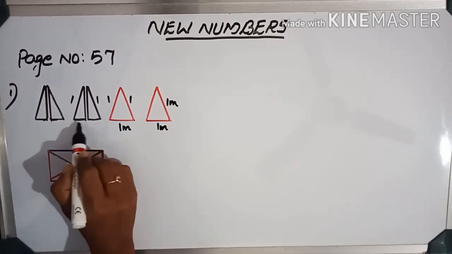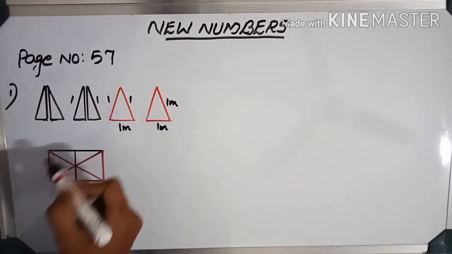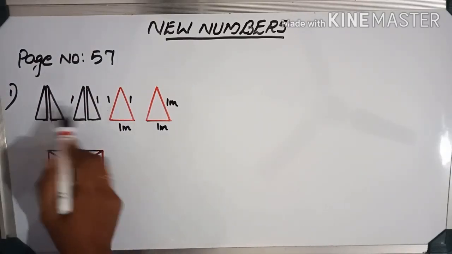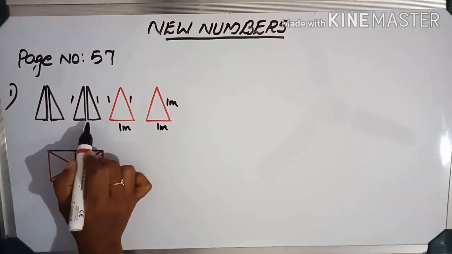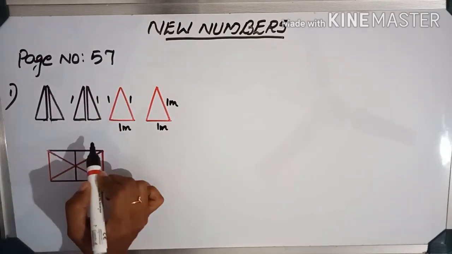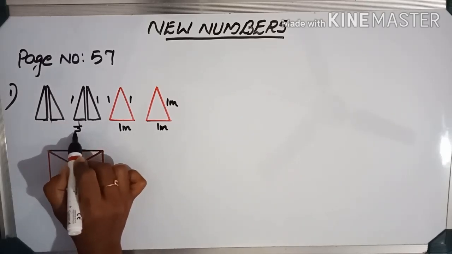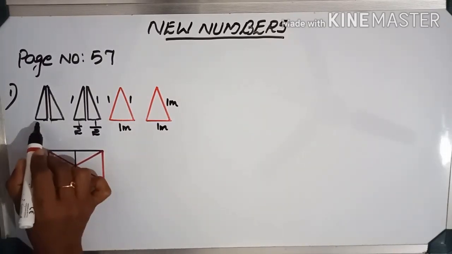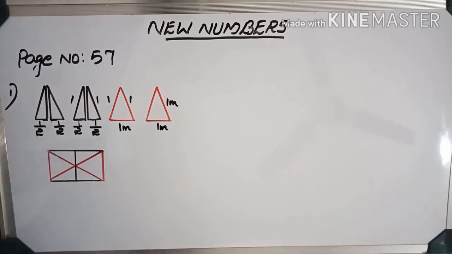Here the first two equilateral triangles are divided vertically into two equal halves. When you divide it into equal halves, the base will also be divided equally. So total 1 meter means this will be half meter, this will also be half meter. This is also the same, here half, here also half.